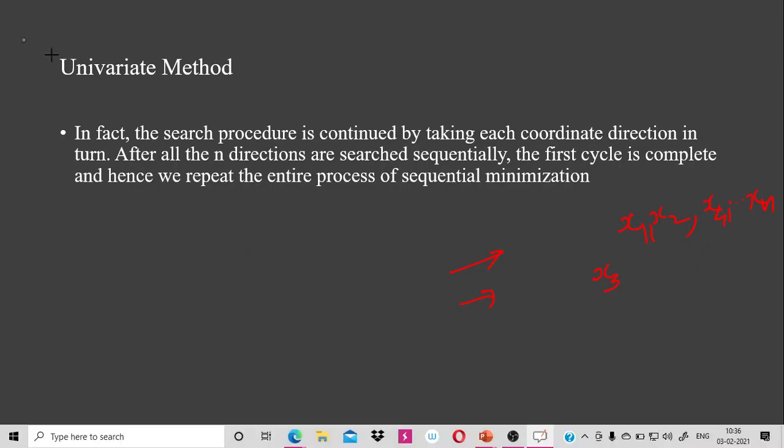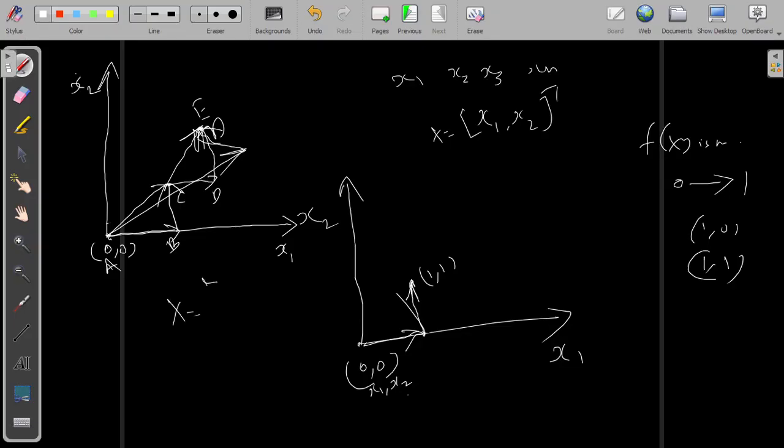If x is given as x1, x2, etc., xn, a vector having n number of elements, then in the univariate method you will first search in the x1 direction, and then you will search in the x2 direction by fixing all the remaining variables, and then you will go to the direction of x3, and then x4, etc., up to xn.